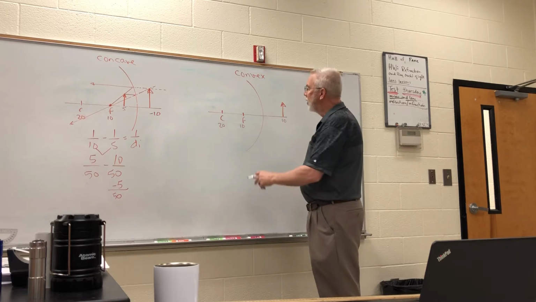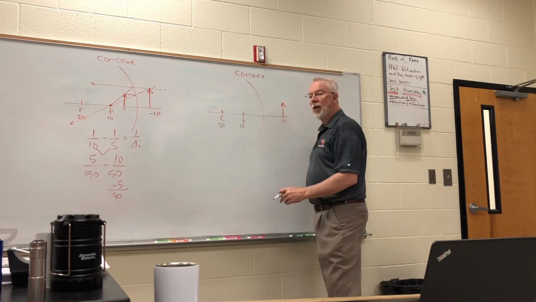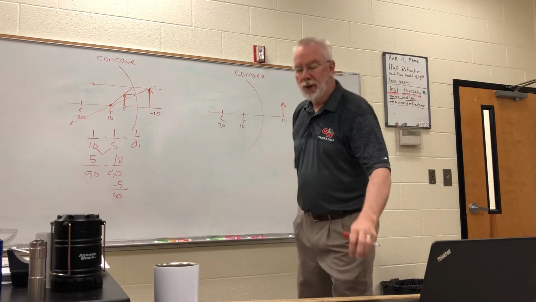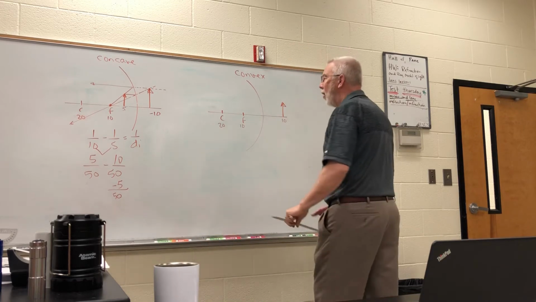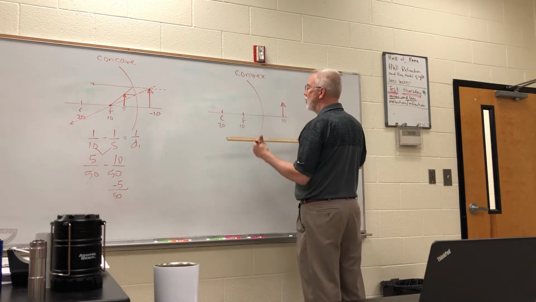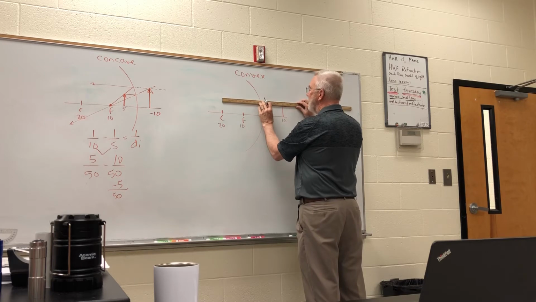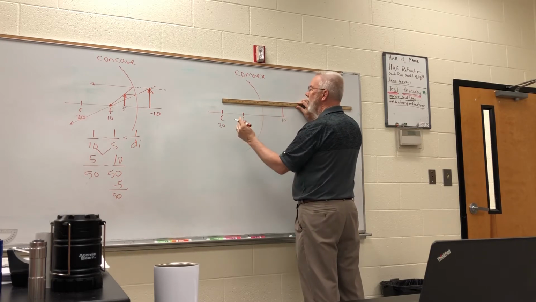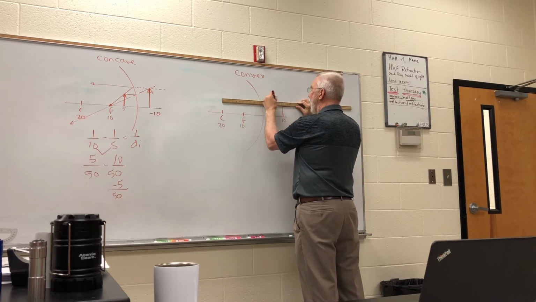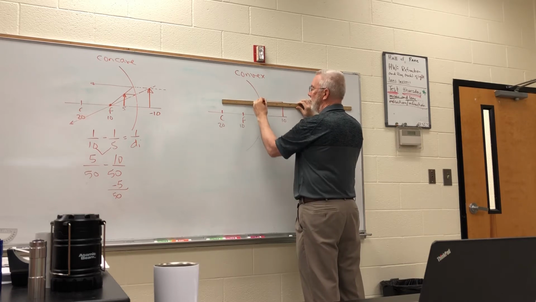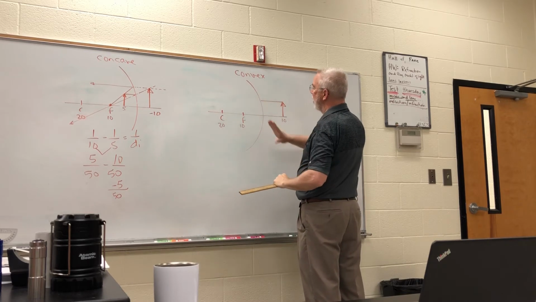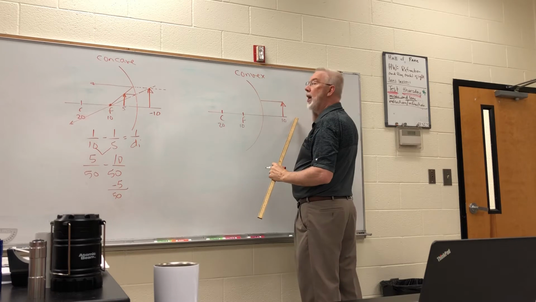Now, to get this diagram started, you've got to remember that the two lines that we draw are pretty close to being the same as over there. It's just that the pattern looks a little different. We're going in parallel, and when it strikes the mirror, it's going to reflect. But at what angle?